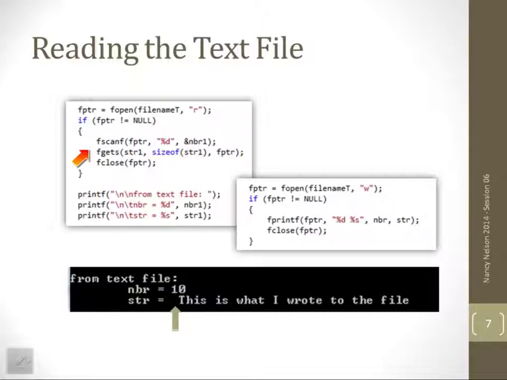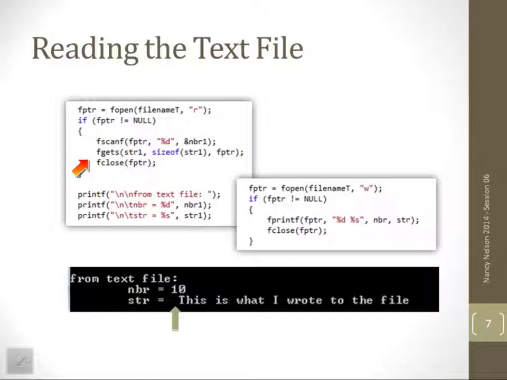But now we can use fgets in order to get the string. We know that fgets will read past that first space and we'll get the whole string right up to the terminator instead of just the first word. Remember, we have to say the size of the space we have reserved for it and the file pointer, and then we're going to close the file.